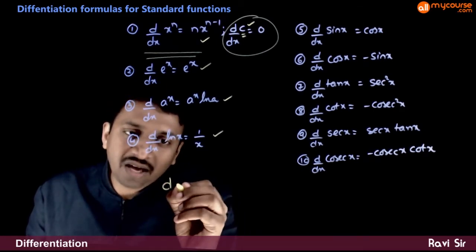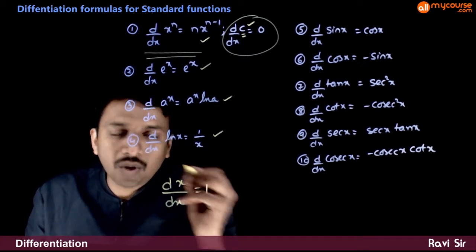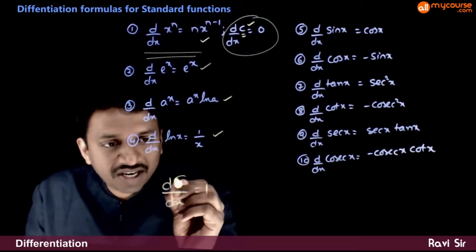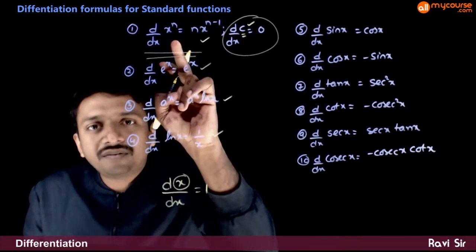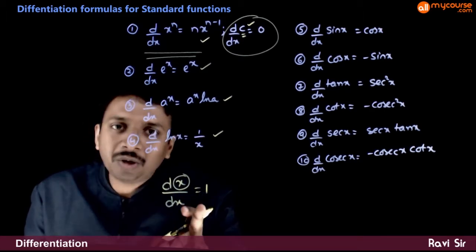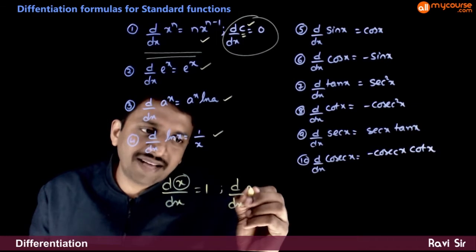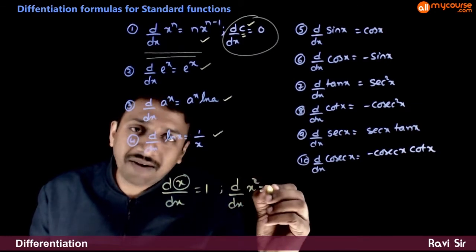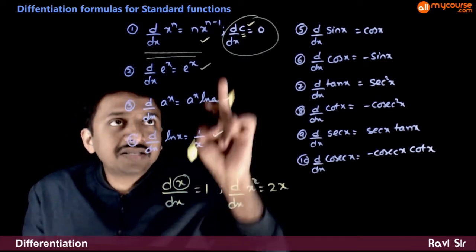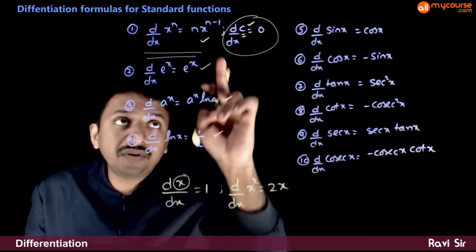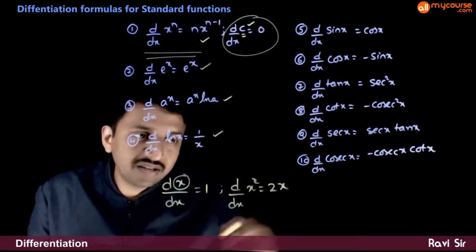For example, d of x by dx is equal to 1. So if you differentiate x, you get 1 as the answer. This is an application of this formula, but you need to remember it directly. Similarly, d by dx of x square, you have to be very quick in writing 2x as the answer. Because if you apply this formula, 2 goes forward, 2 into x power 2 minus 1, it is 2x.